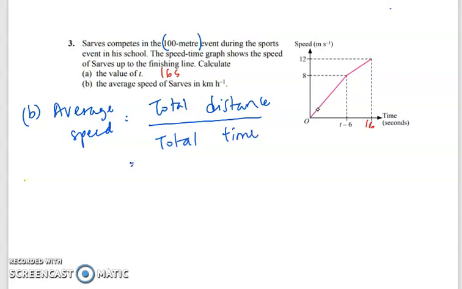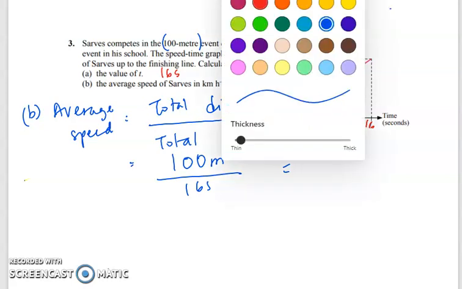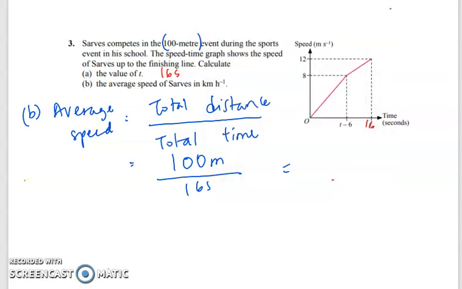So the total distance of Sarvez is 100 meters over a total time of 16 seconds. So press the calculator, 100 divided by 16, you get 6.25 meters per second.